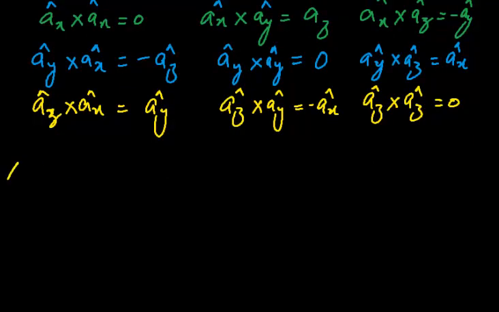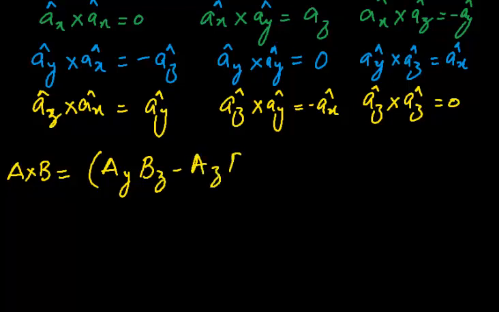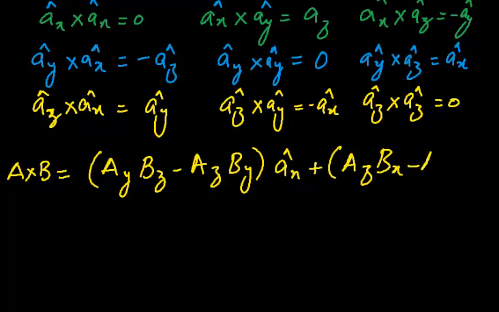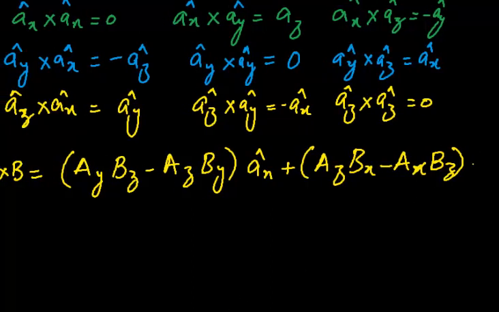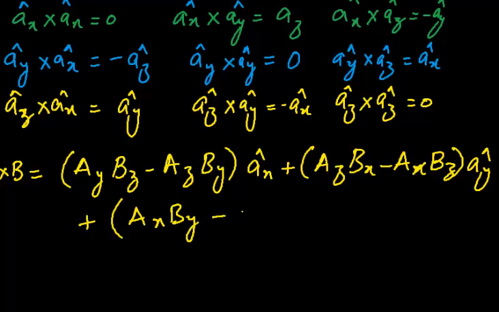The resulting vector A cross B, when you simplify it by putting in all these values from the cross products of the unit vectors, you are going to have AY BZ minus AZ BY in the direction of AX, and then AZ BX minus AX BZ in the direction of AY, and then the last one is AX BY minus AY BX in the direction of AZ. I leave it for you to do by yourself.